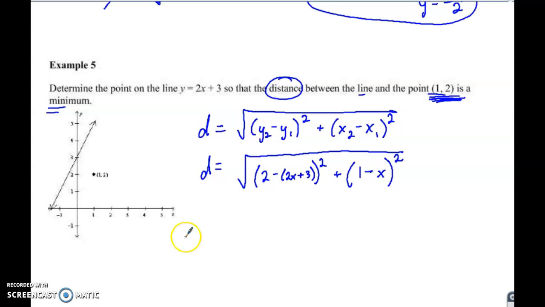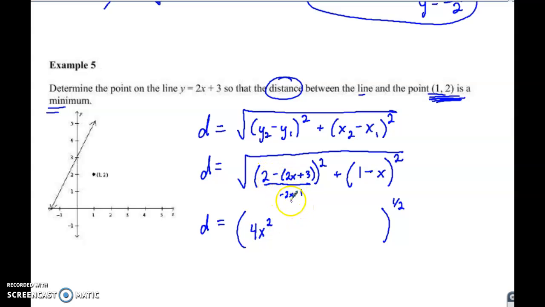Let's clean that up a little bit before we try the derivative. And maybe I'll rewrite that as to the 1/2 power, the square root as the 1/2 power. And, oh, that's kind of ugly. That's not too bad. Let's do 2 minus 3 first. So that would be negative 1. So we have negative 2x minus 1. That'll help me because negative 2x times negative 2x would be 4x squared.